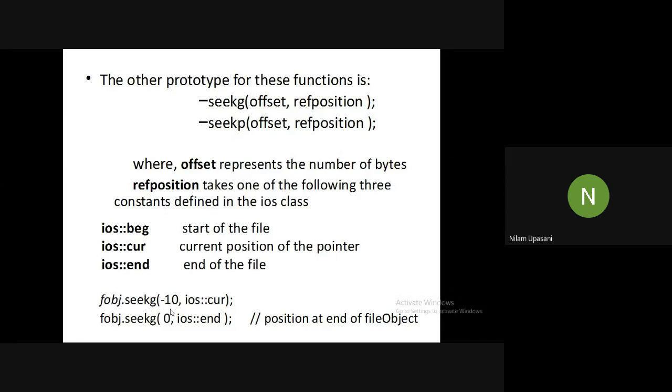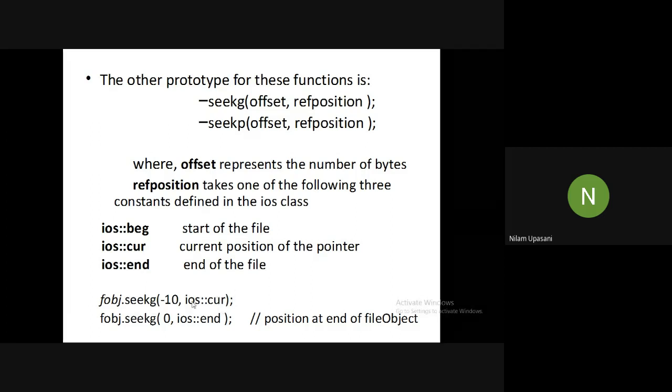Now here I have put one example. Just see this first, how to use these functions. F object is the file that you have opened, dot SIGG. SIGG means we want to perform a read operation. So we are using SIGG to move the pointer to which position? From the current position.